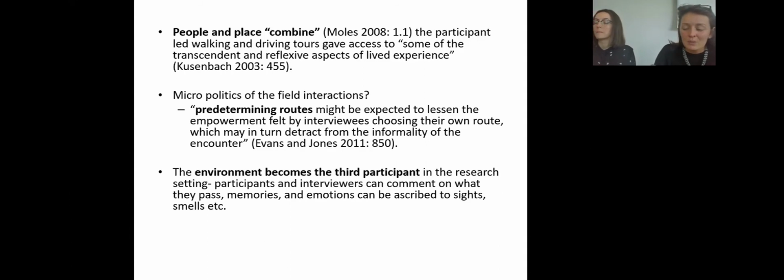It means thinking about the small, tiny decisions that actually speak to the politics and the ethical implications of doing research. And I've touched on this in the previous slides, just thinking about predetermining routes.